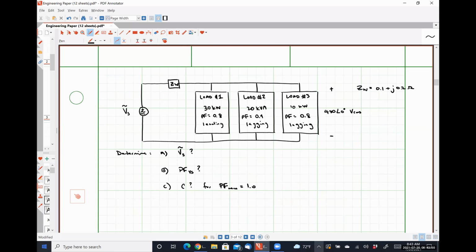Okay, so let's define some things. I can say that there is going to be some voltage drop, VW, across my transmission line impedance.